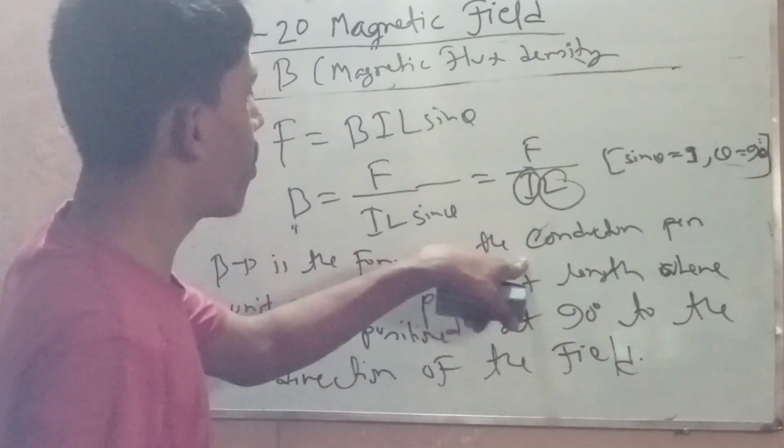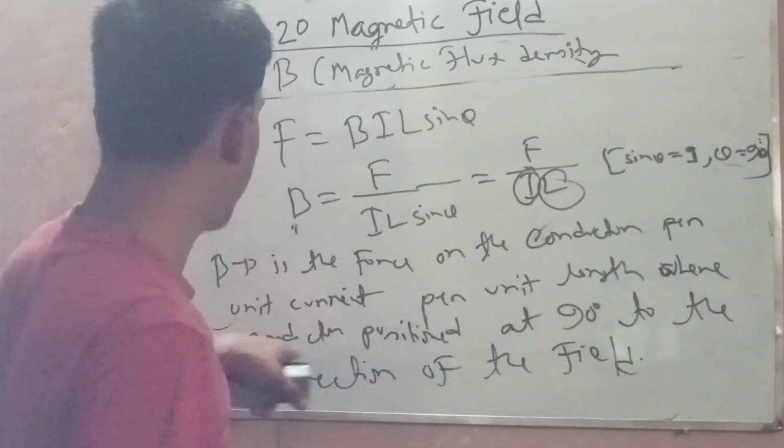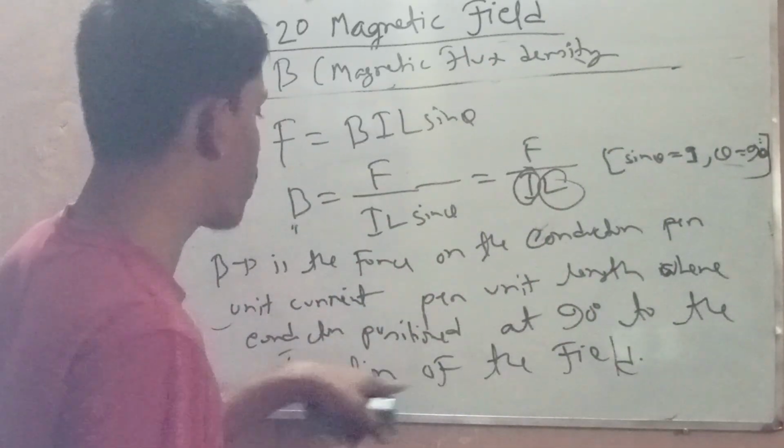B is the force on the conductor per unit current per unit length, where the conductor is positioned at 90 degrees to the direction of the field.